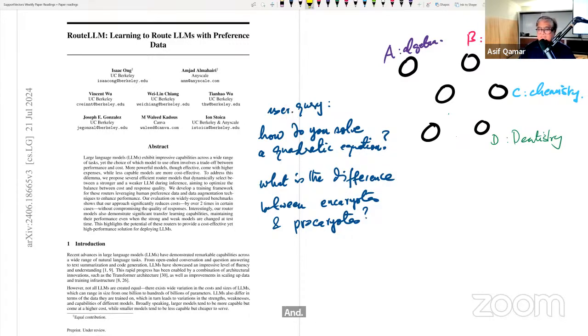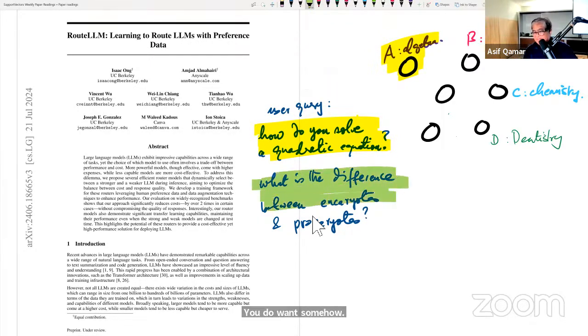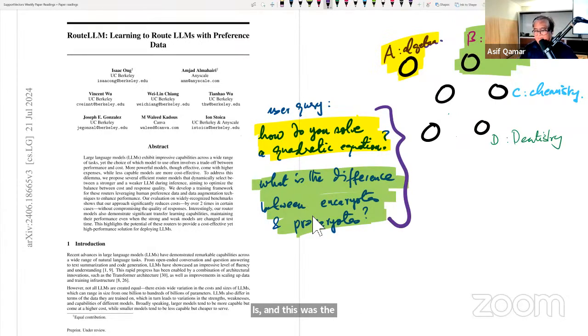The first one should somehow magically go to this algebra person, isn't it? And you do want this one somehow to go to the biologist, isn't it? So how would you do that? What you can do, and this approach was suggested long ago in a landmark paper by Geoffrey Hinton, even before the LLMs came about.